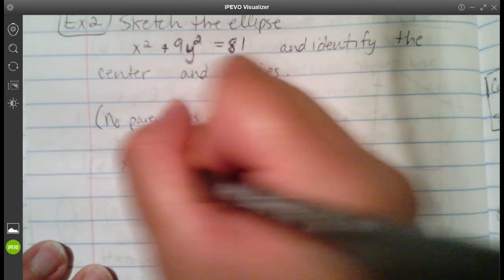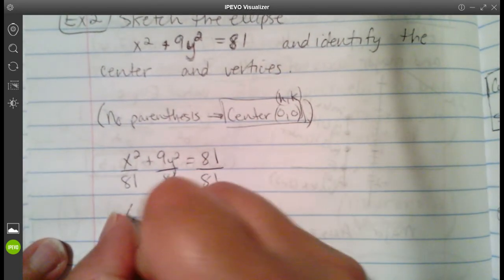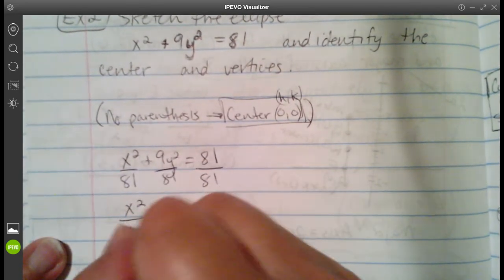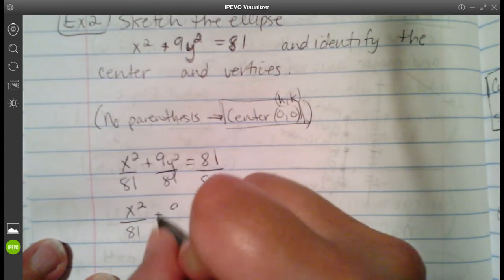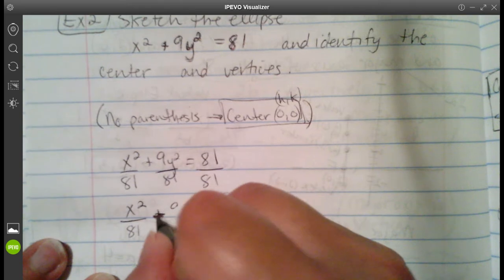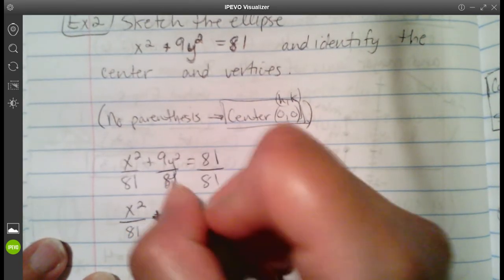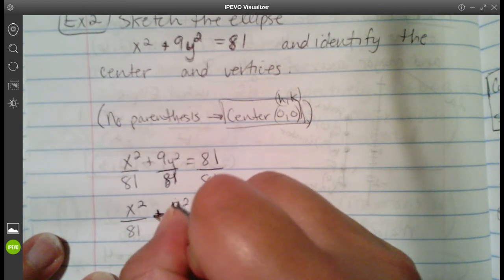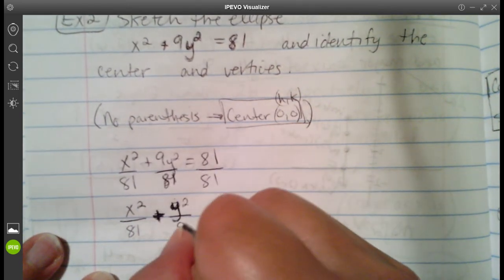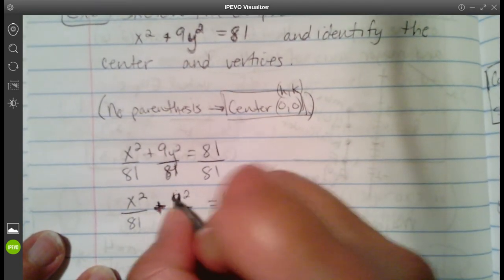We're going to divide everything by 81. That gives us x squared over 81 plus 9y squared over 81, which simplifies to y squared over 9, is equal to 1.